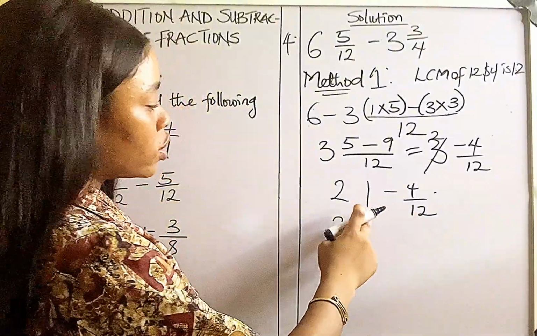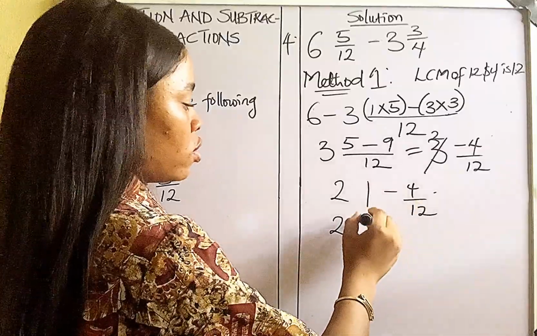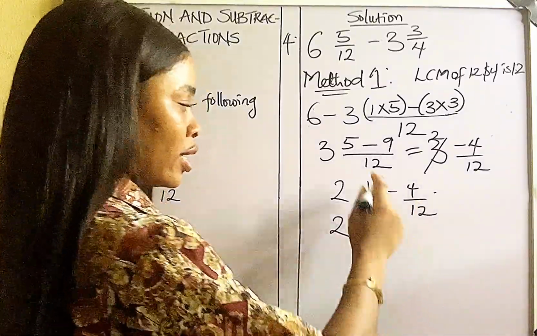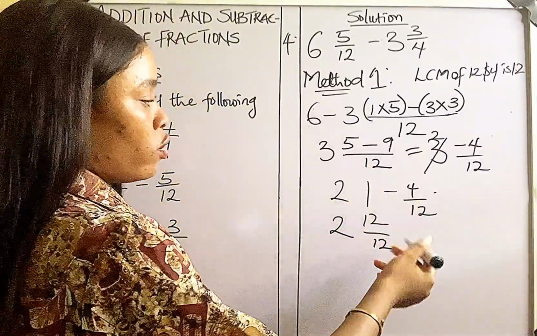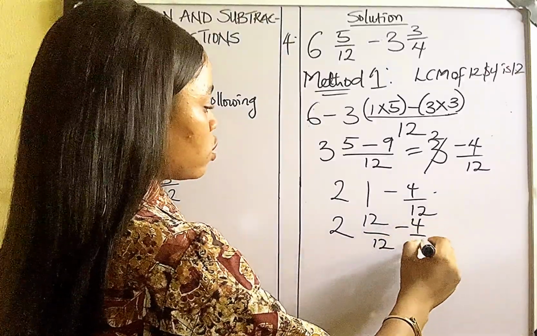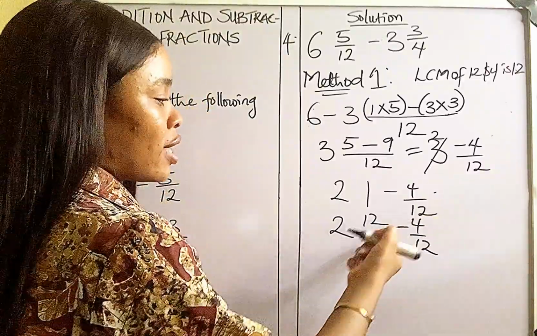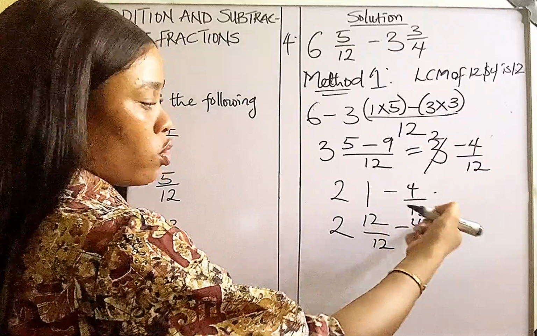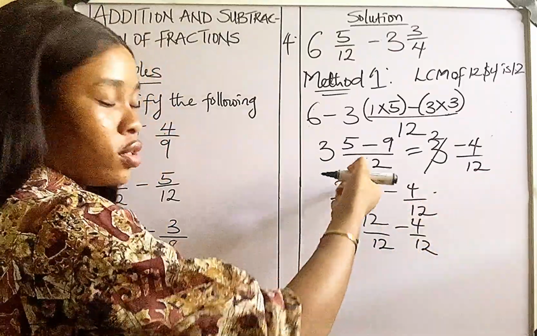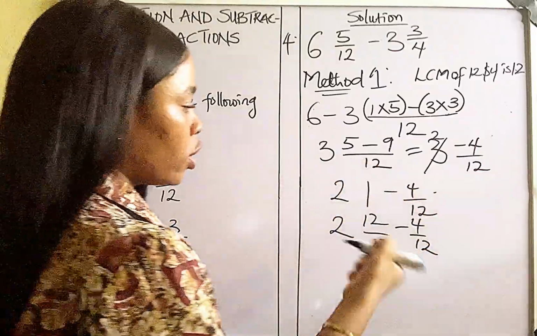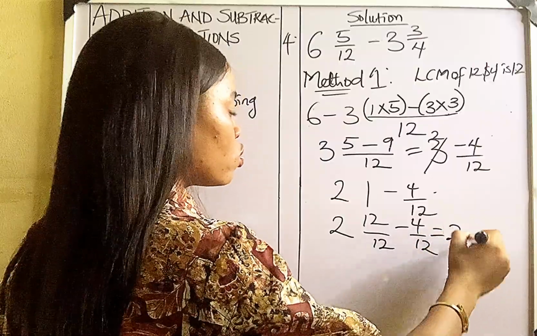Now this 1 can be written as 12 over 12. I can express it as 12 over 12 minus 4 over 12. The reason is so that it can have the same denominator, and 12 divided by 12 gives us 1. So this becomes 2 whole number.